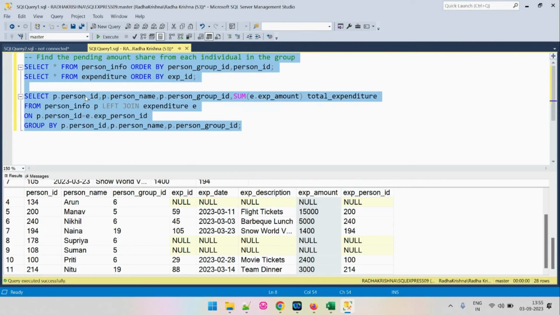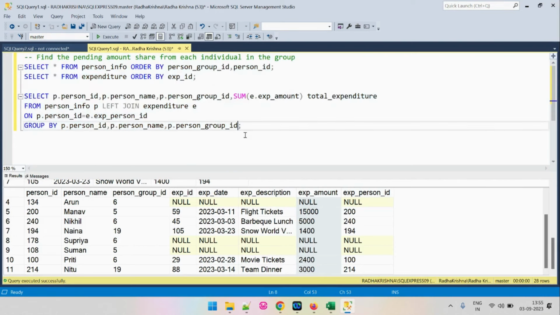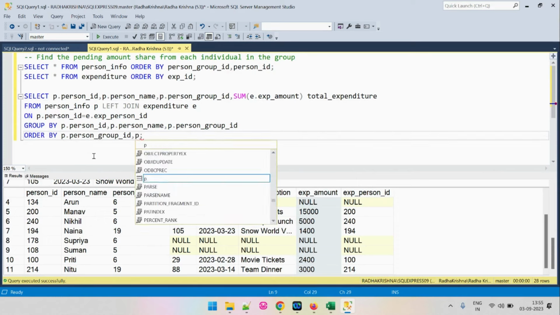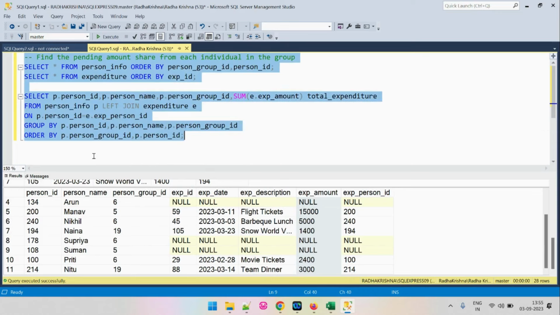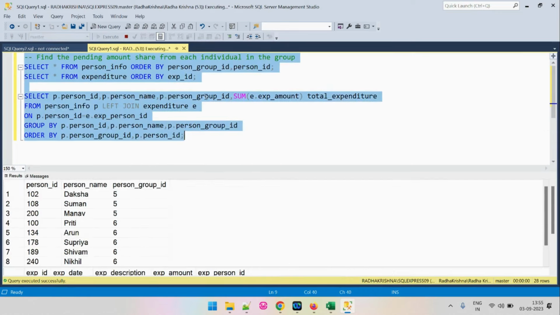Let's run and see the output. And one more thing, let's order it by group ID first and then by person ID, so we can see the data related to each of the groups as well. Let's run this now.